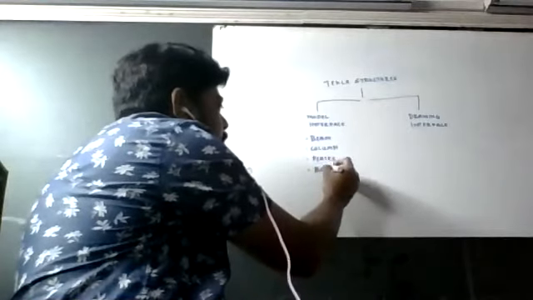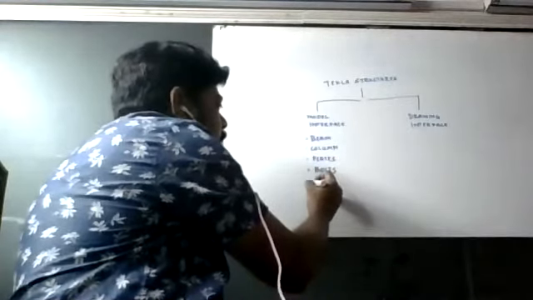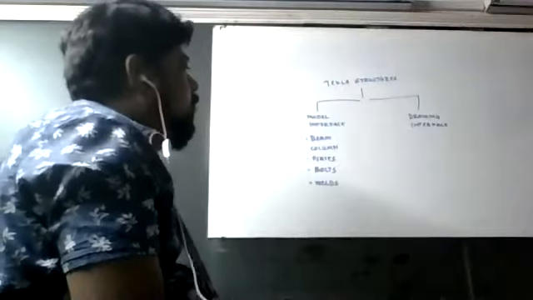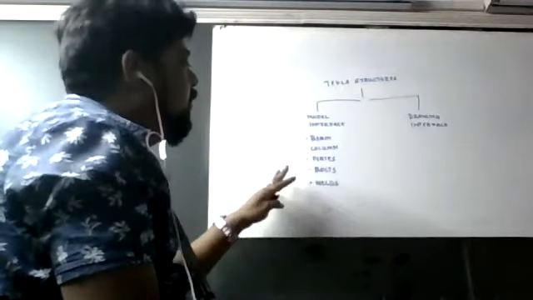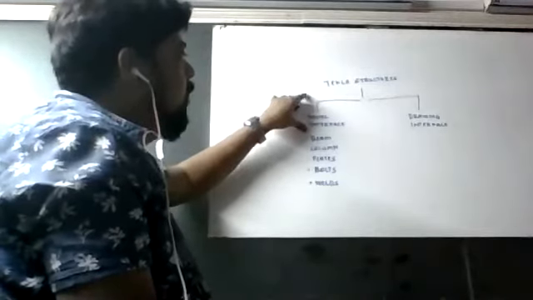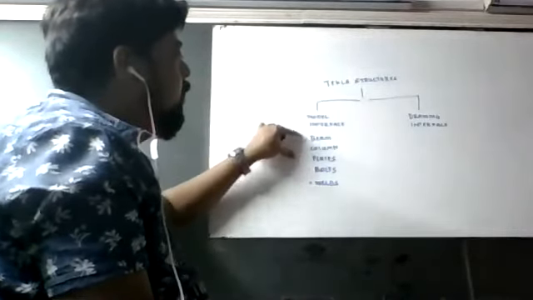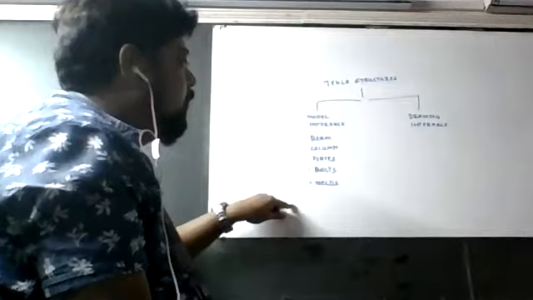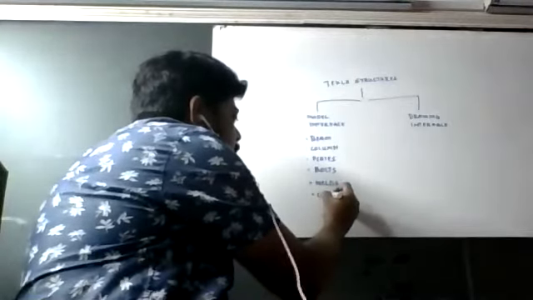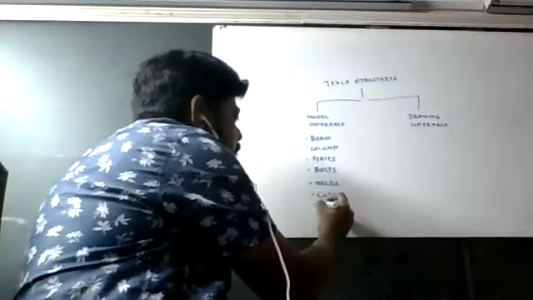Bolts, welds. So these are the basic elements required for modeling in Tekla Structures, in the modeling interface. Then there are cuts and connections.